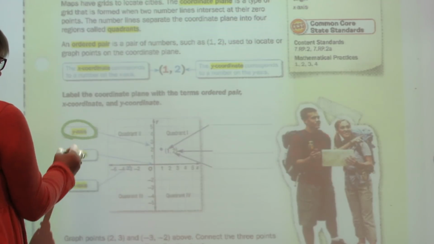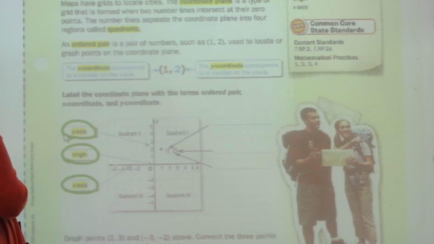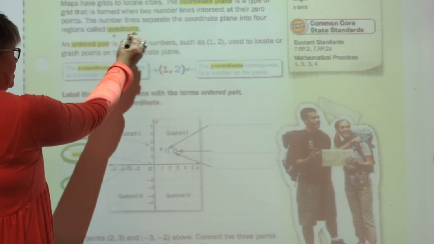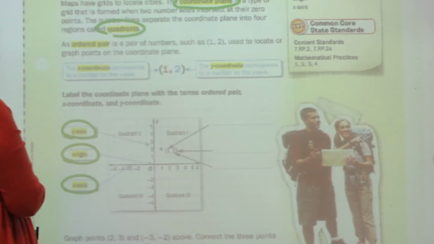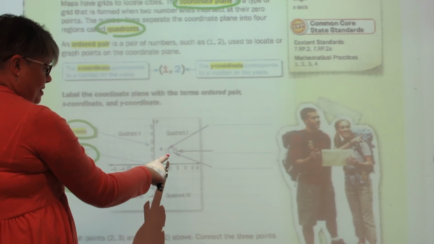But you have the y-axis, the origin, the x-axis, okay? And again, make sure you have the words quadrant and coordinate plane.